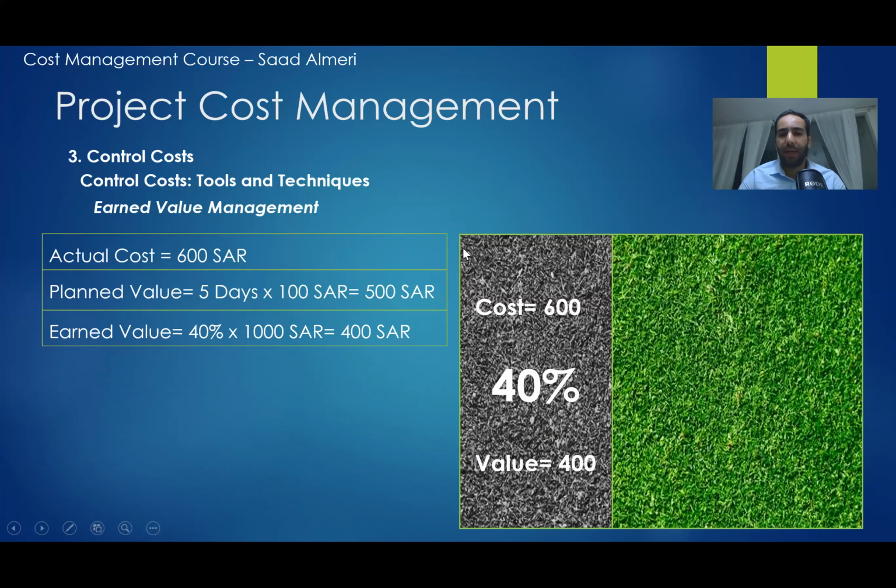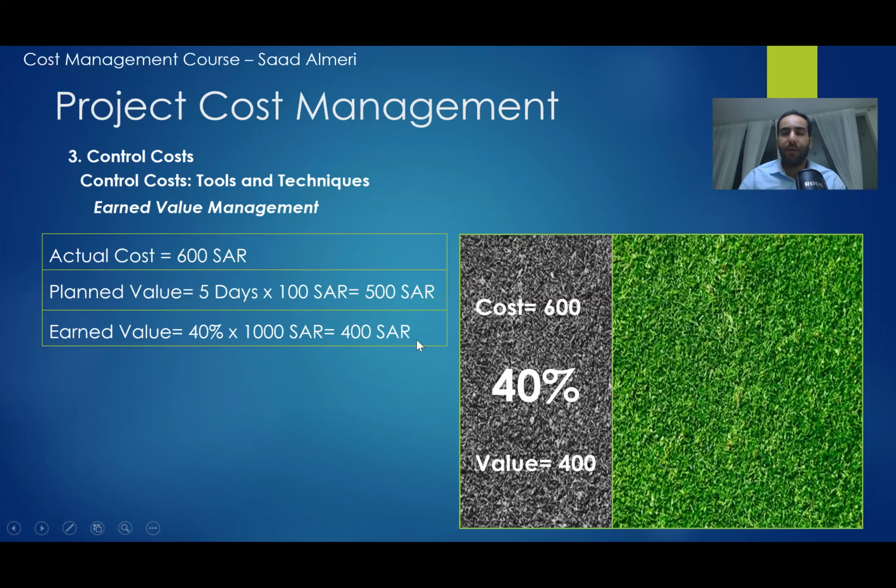Let's say the value of accomplishing all the grass field equals 1,000. That means that the value of accomplishing 40% is 400 riyals. So this is the case that we have.